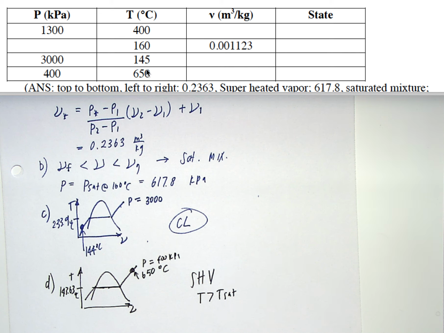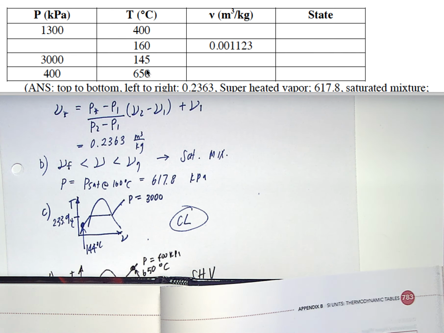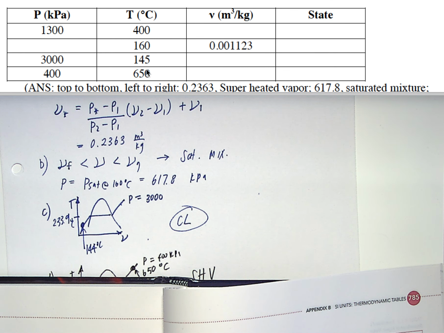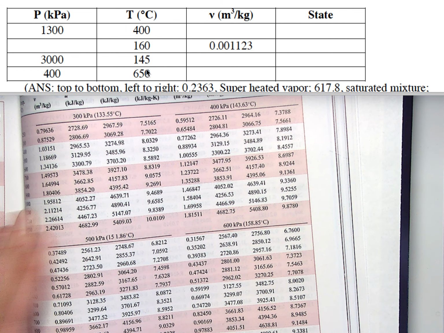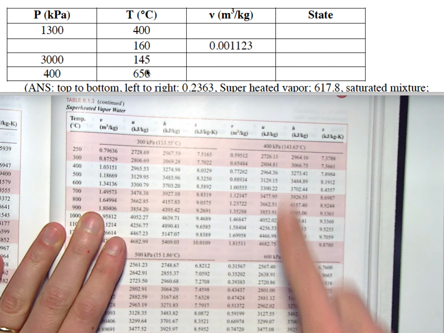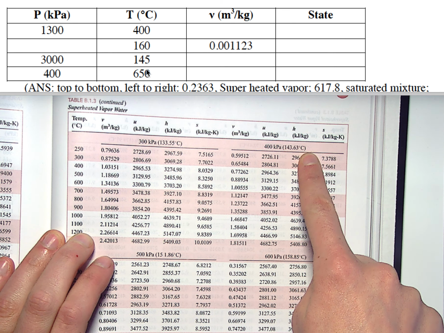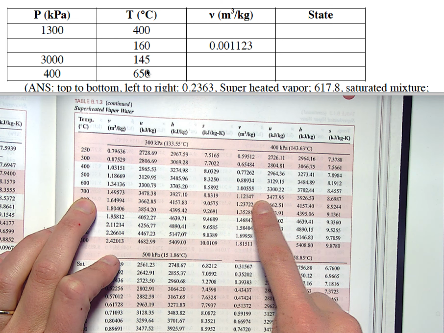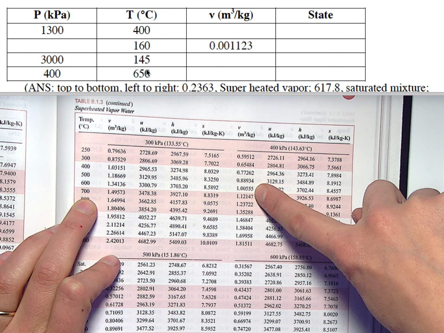So I'm going to go into the superheated vapor tables once again, and you're going to find 400 kilopascals, which is right here in this region, 400 kilopascals. Your temperature is 650, so it's going to be right in between these two values. So this one's easy.